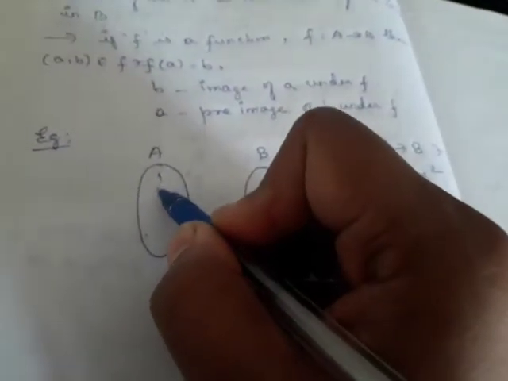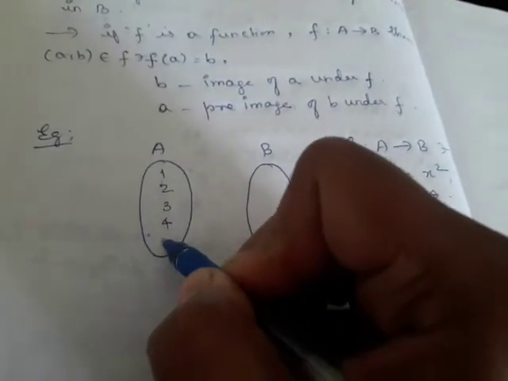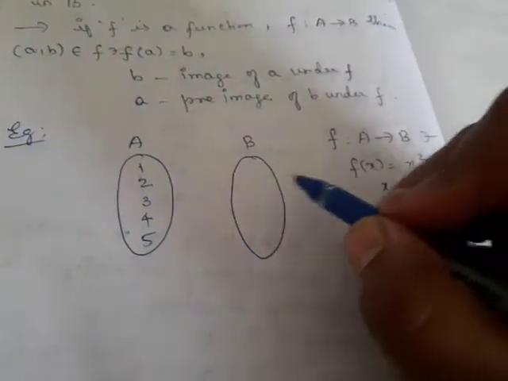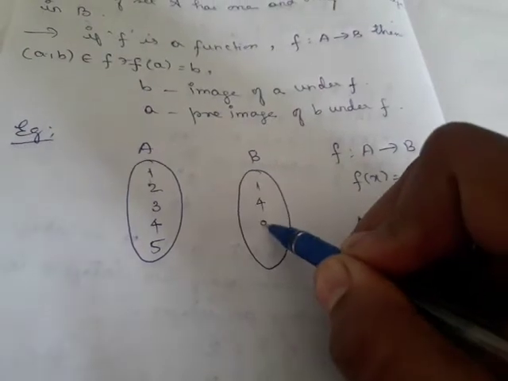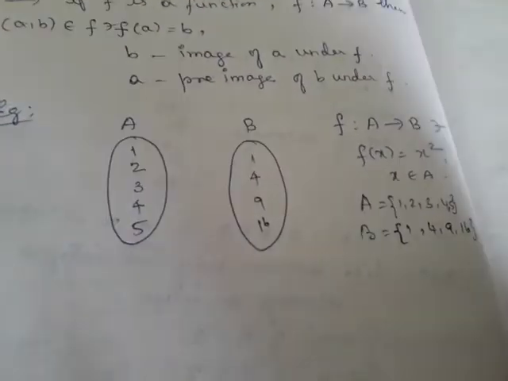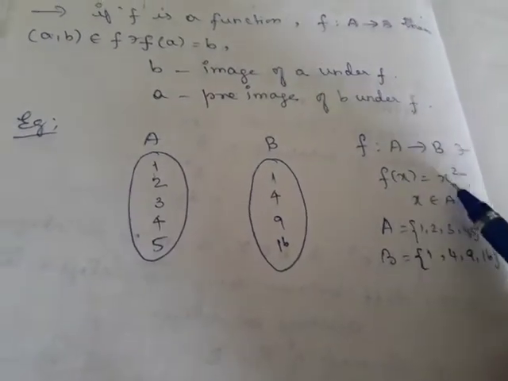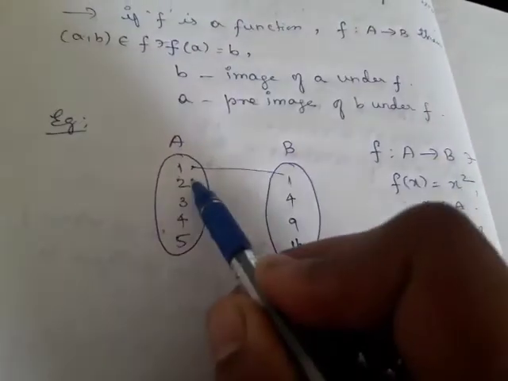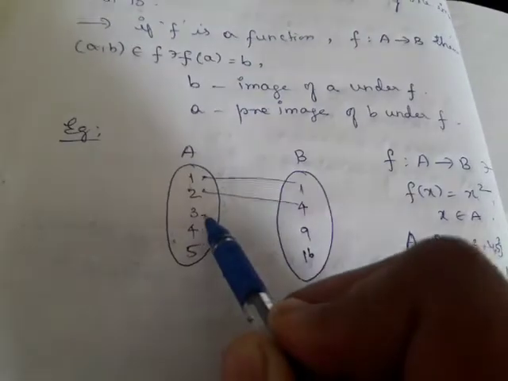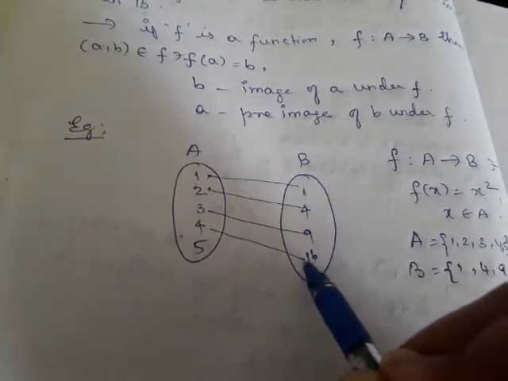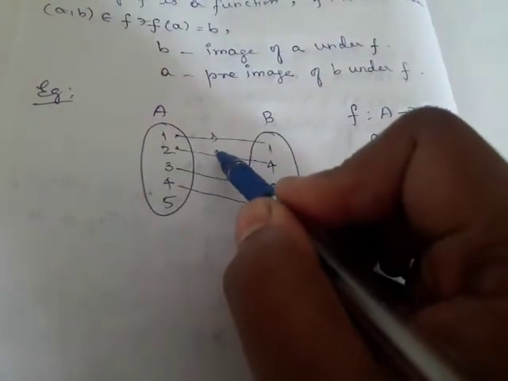Now let us represent it in an arrow diagram. In set A we have 1, 2, 3, 4, 5. In set B we have 1, 4, 9 and 16. Now the mapping is from each element to its square. So 1 should be mapped to 1, 2 should be mapped to 4, 3 should be mapped to 9 and 4 should be mapped to 16. That's it, right? You have to put arrow marks here.